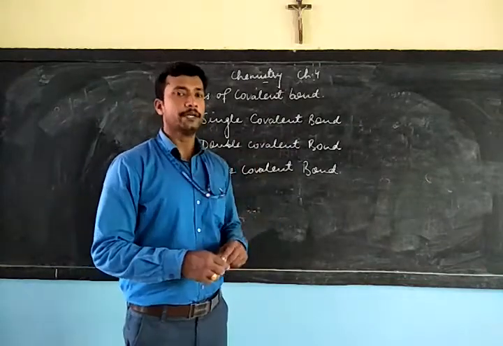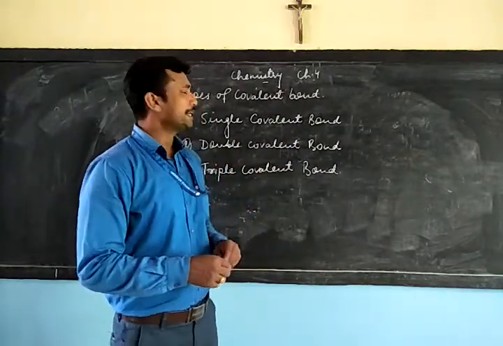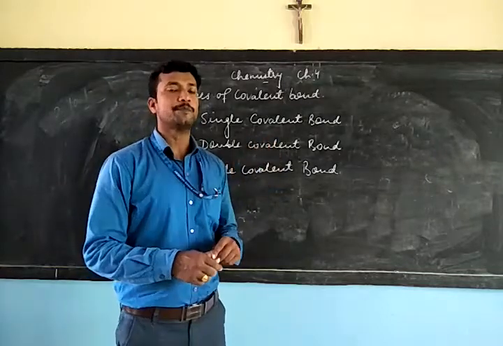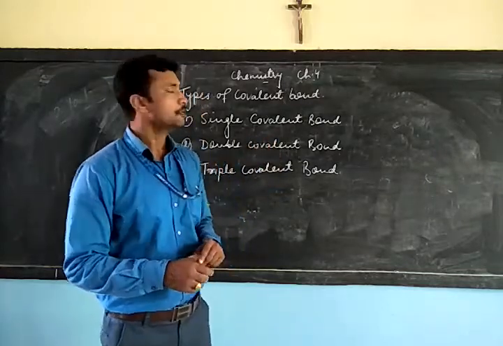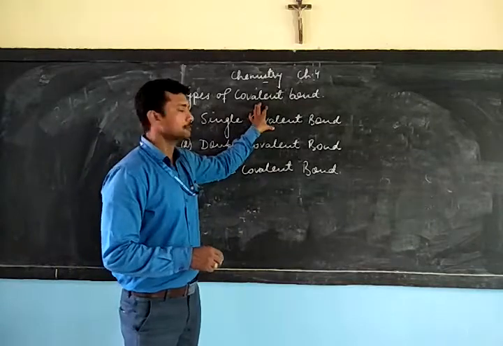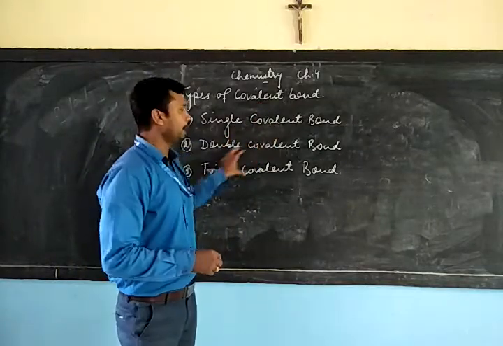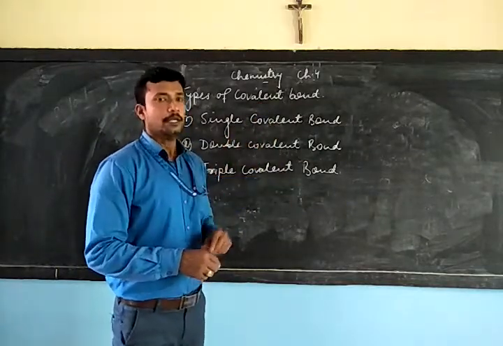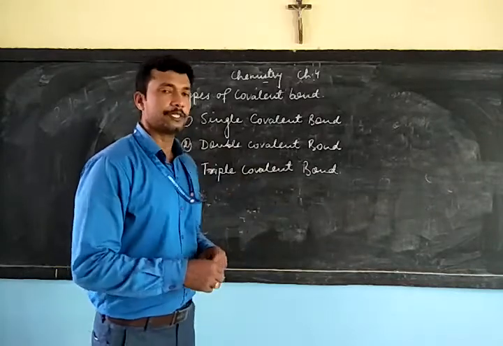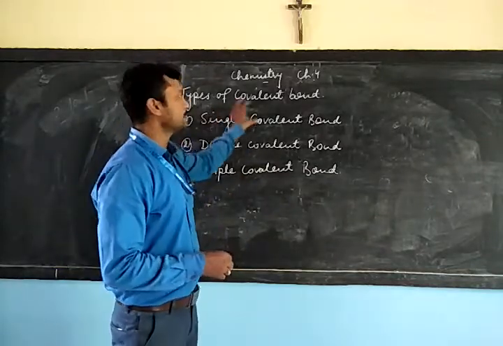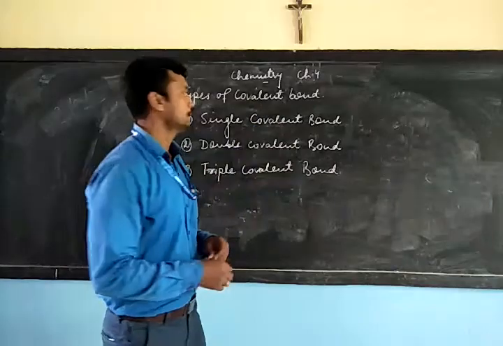There are three different types of covalent bond. Depending upon the number of bonds between the two combining atoms, we have single covalent bond, double covalent bond, and triple covalent bond. Let us see examples of each of these types of bond, starting with single covalent bond.